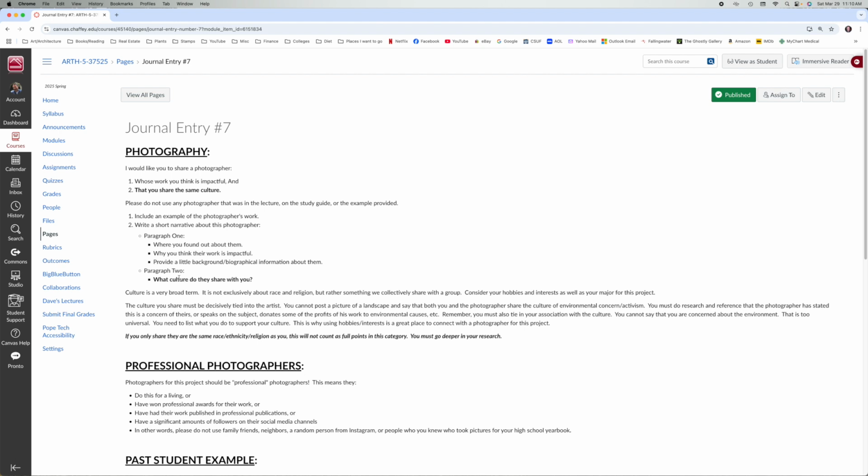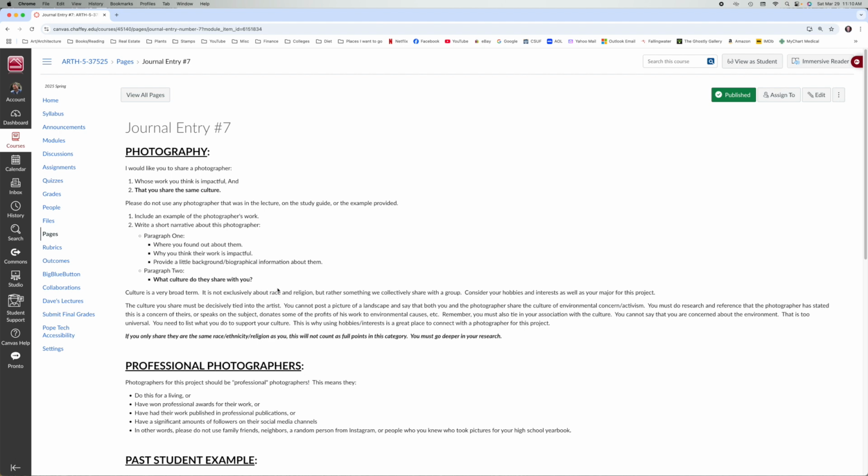Now, this cannot be anyone that was in the lecture, but this can be any other photographer, and there's plenty of them. So you're going to include an example of the photographer's work. You'll write a short narrative about this photographer, and in the first paragraph, where you found out about them, why you think their work is so important, and a little bio as well.